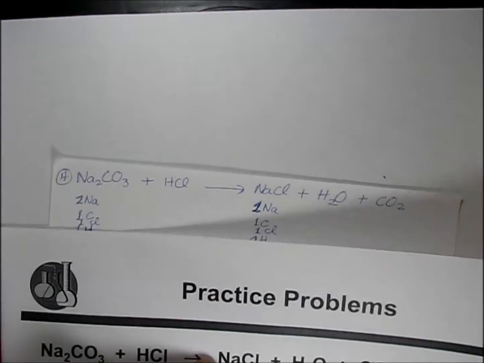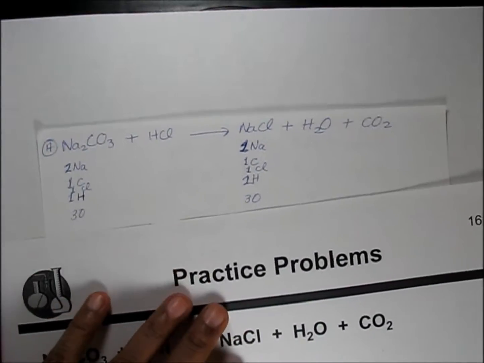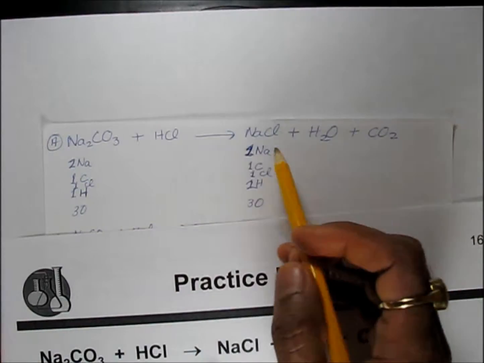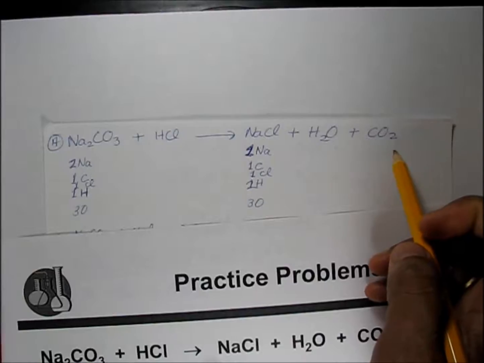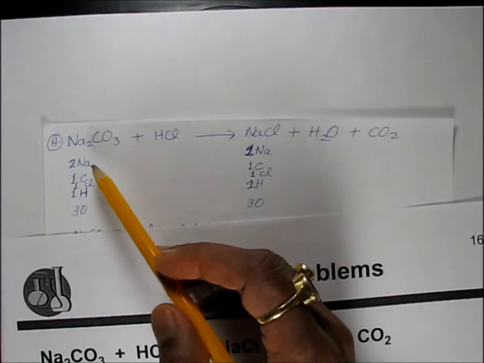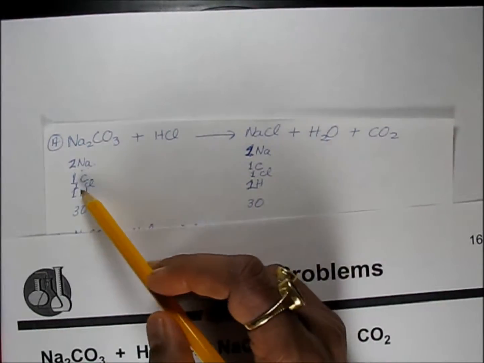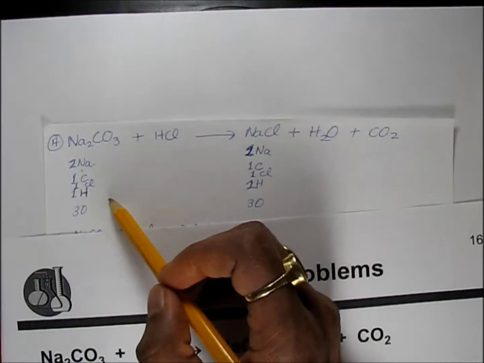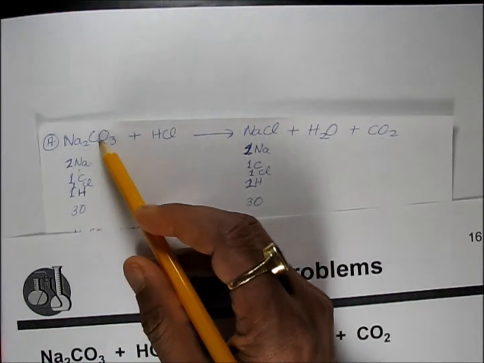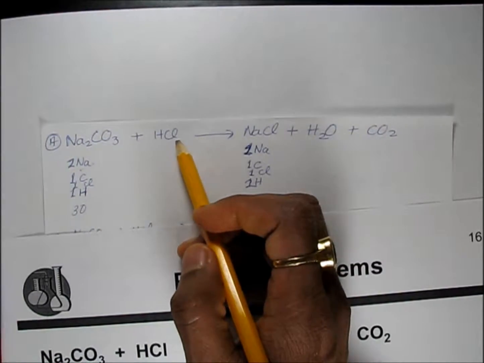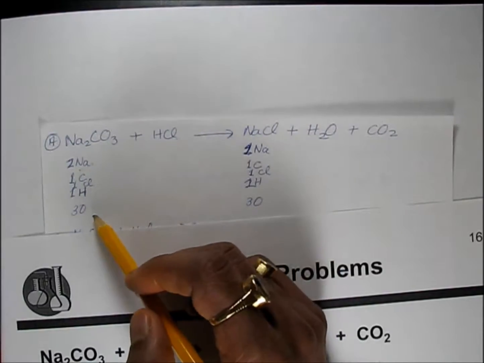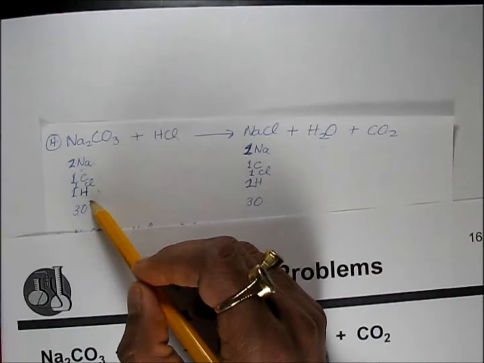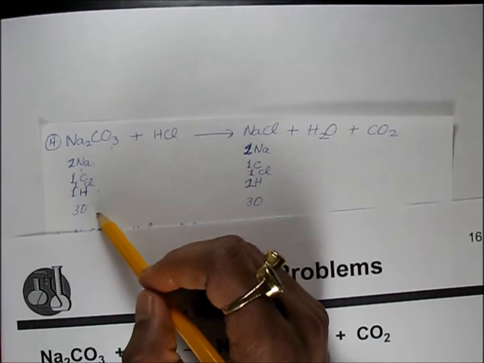So in this equation, sodium carbonate plus HCl, sodium chloride plus water and carbon dioxide gas, first we have to count how many sodiums are there. There are 2 sodium, 1 carbon, 1 HCl, 1 chlorine, 1 hydrogen, and oxygens are 3.